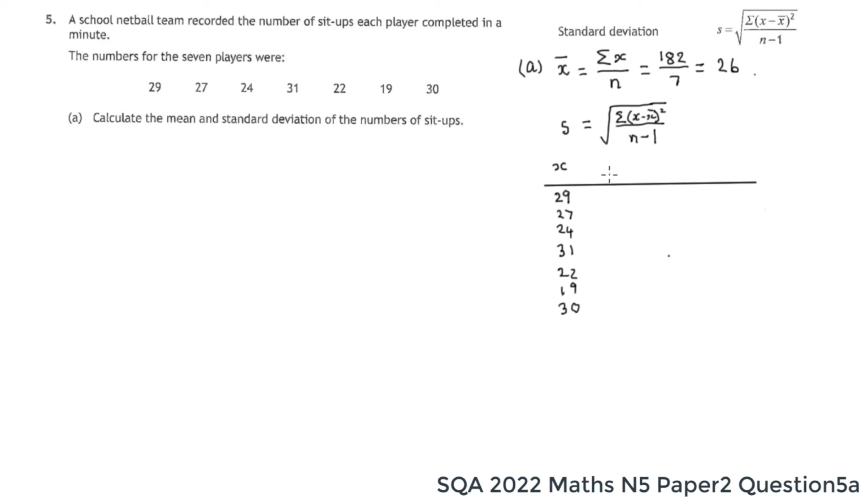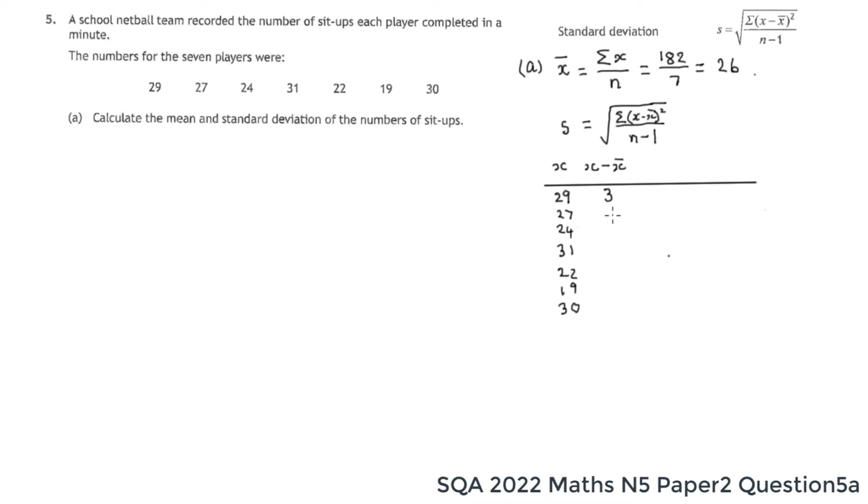Now the first calculation we have to make is the difference between a data point and the mean, x minus x bar. So for instance, in this first row of the table, we've got data point 29, and we have to subtract the mean value of all the data points, which is 26, from it. So 29 minus 26 is 3.